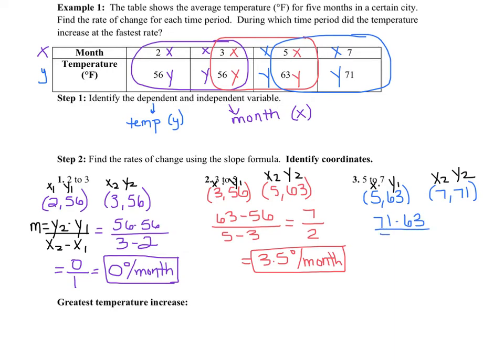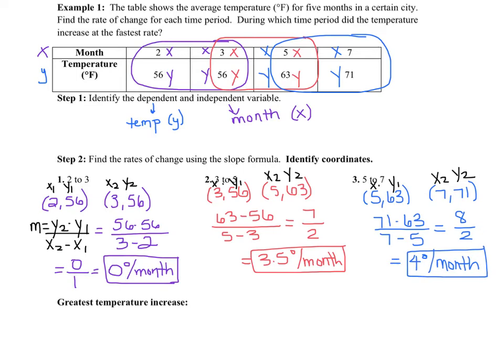Our x2 is 7 minus our x1 is 5. So 71 minus 63 gives us 8. And then 7 minus 5 is 2. Remember, we want to divide here. So 8 divided by 2 is 4. So it's 4 degrees per month. And that is your rate of change from month 5 to 7.